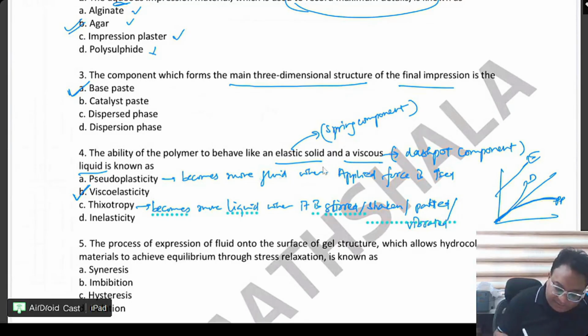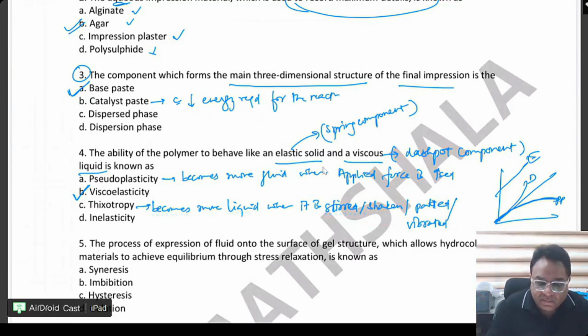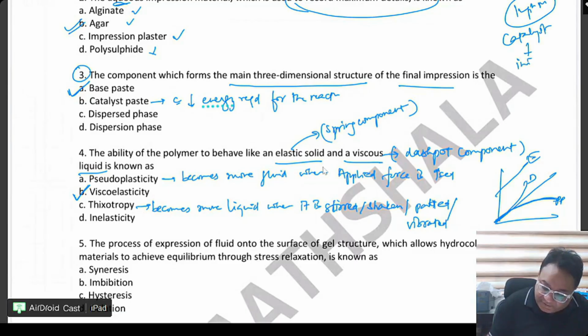The catalyst, sorry, just see question number 3. Catalyst is the one which decreases the energy required for the reaction. But in impression materials, catalyst means the one which initiates the reaction.